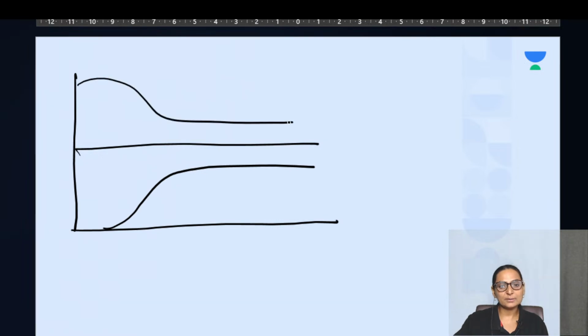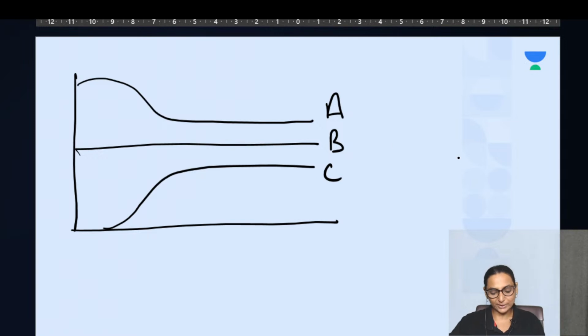Which is showing A, B, C. Which one is showing the clearance graph of glucose? तब क्या बताओगे? क्या बोलोगे? A, B or C? Which one is showing the clearance graph of glucose?